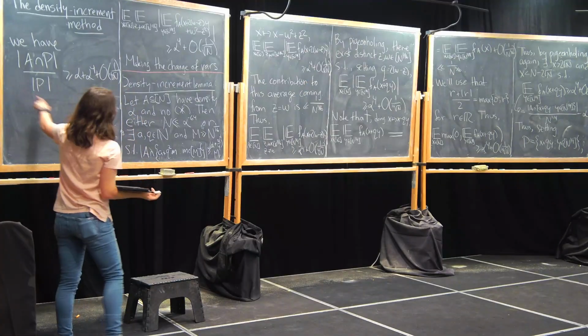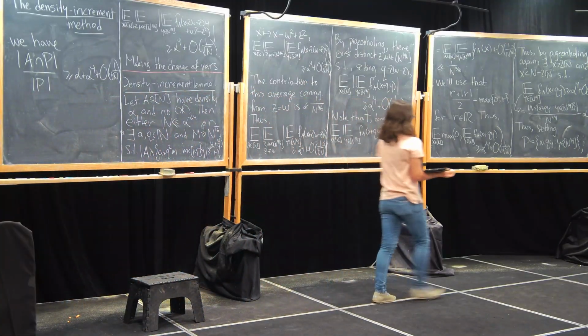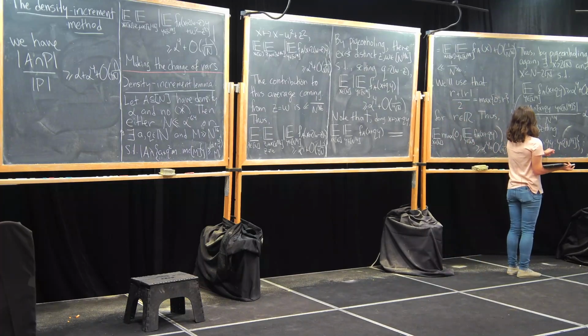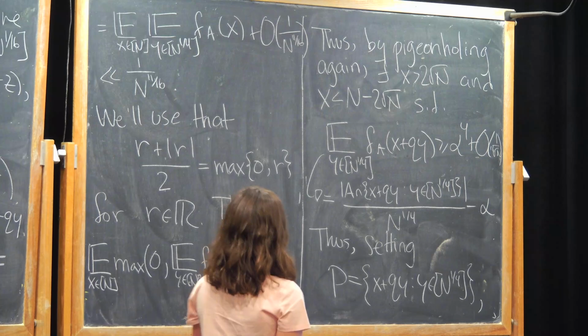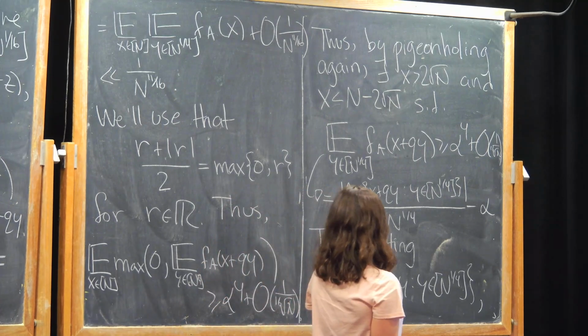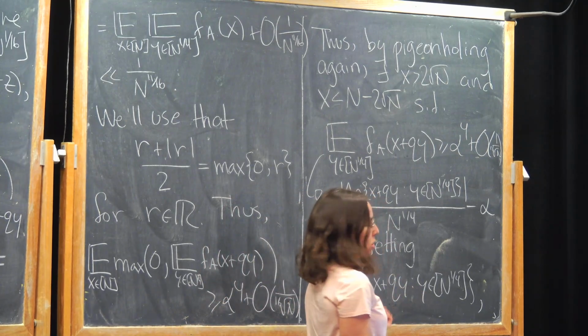So this is almost what we want, except we wanted a square common difference, and we just have Q here. Also, I said I want Q to be positive, but note that if Q were negative, we could reparameterize the progression.